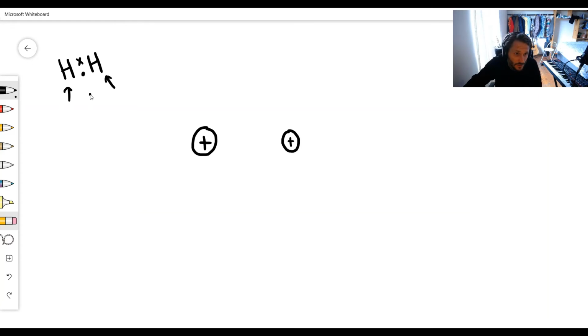Now if we have a look at these electrons in the middle, I'm going to draw it a little bit bigger here for demonstration reasons. These electrons, we know, also have a charge. They are negatively charged. So because of this difference in charge between the nucleus of the hydrogen atom and the shared pair of electrons, we have this attraction of these two parts.